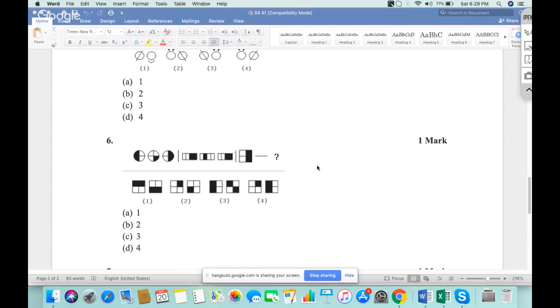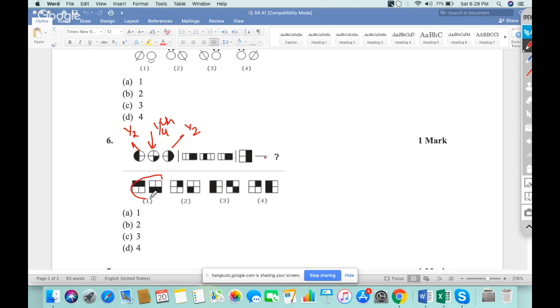Why? Because the figures alternate between 1/4 shaded and 1/2 shaded. So try to understand here which one would be 1/4 shaded and which one would be 1/2 shaded. The middle figure is 1/4 shaded, and the two outliers are half shaded. So here also the middle figure would be 1/4 shaded, and the two outliers would be half shaded.